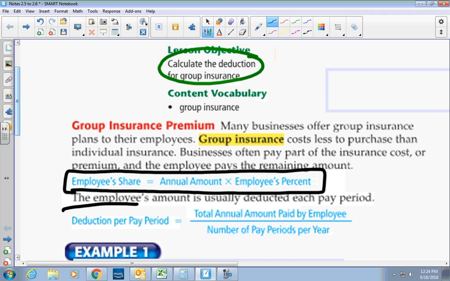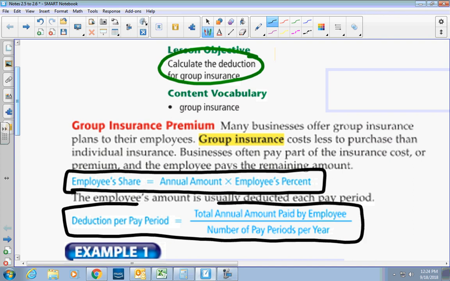The deductions per pay period is what the employee pays per year divided by the number of pay periods per year. You guys are writing those. It's in black. Write it down. It's in the black box.